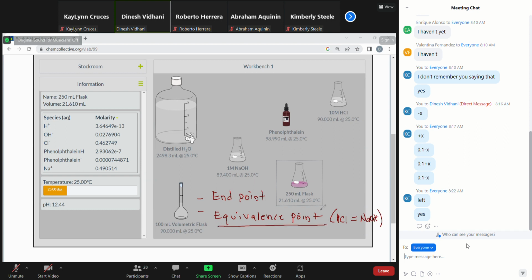At the endpoint, you have slightly more of base, and that base is now reacting with the indicator, changing its color from colorless to pink. So endpoint is always slightly higher than the equivalence point, number one.